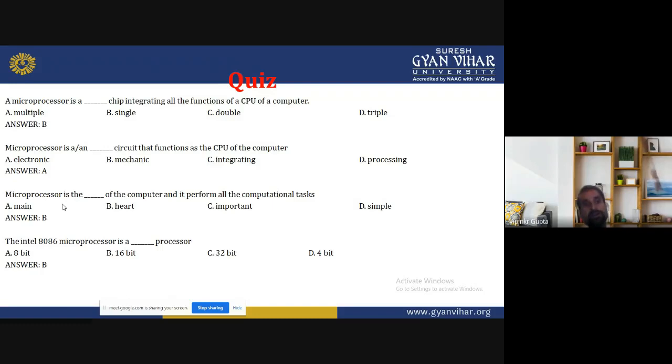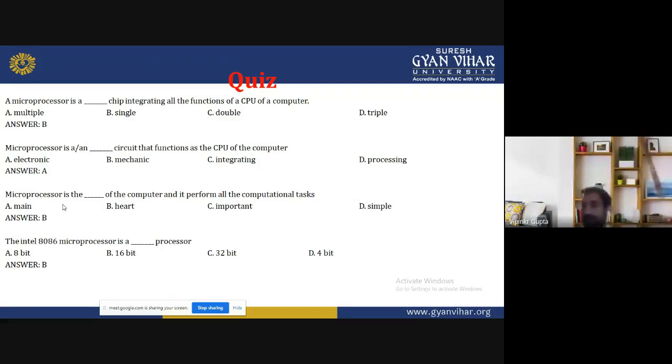The Intel 8086 microprocessor is a 16-bit microprocessor. Why do we say it is 16-bit? Because it has a 16-bit data line.